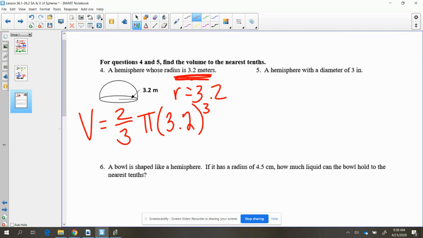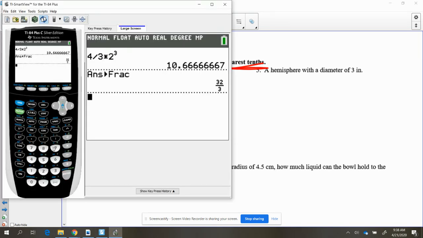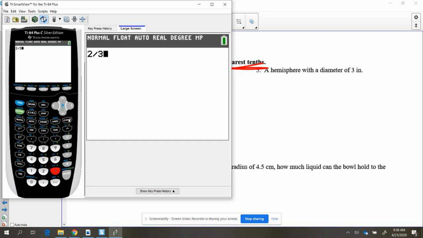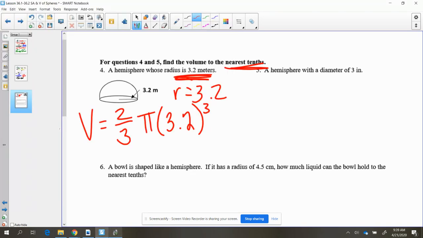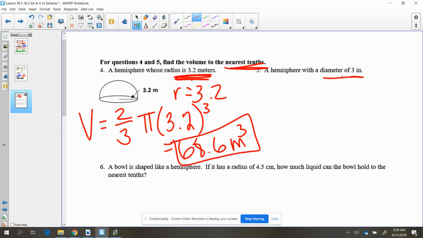Okay, now notice in our instructions we're back to just rounding. So if you type this into the calculator, 2/3 pi times that radius cubed, you get about 68.6 meters cubed. Right?